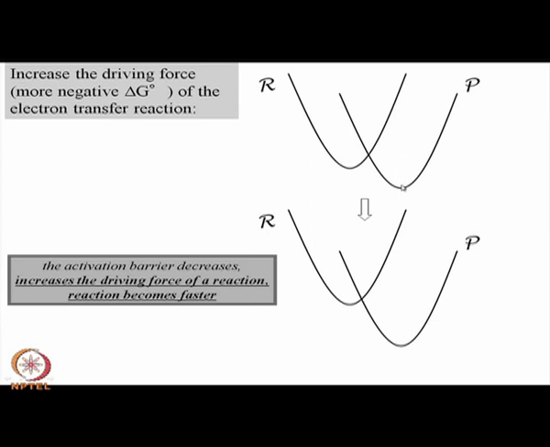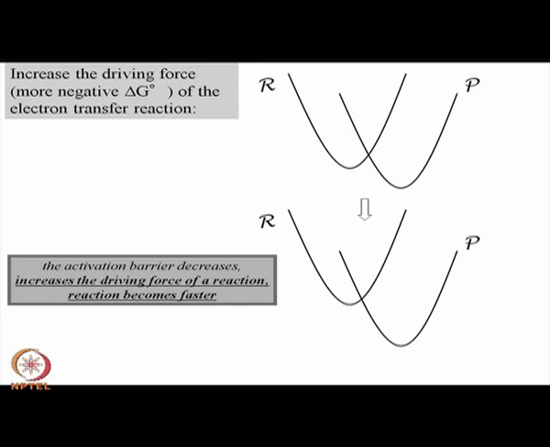Now if you drag this to the lower side, this is your reactant surface, this is your product surface, so that this difference is more; initially it was less. Delta G 0 thermodynamically is ultimately related to your equilibrium constant.